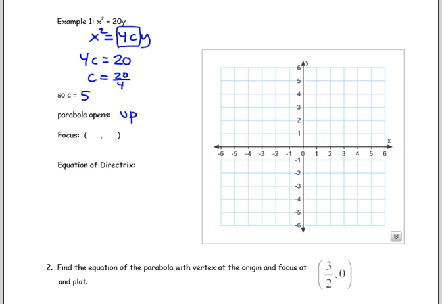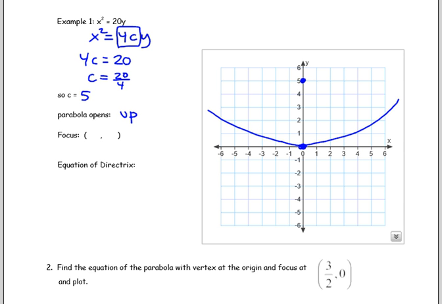What will be the coordinate of your focus? Imagine we start at 0 and we're opening up. Our focus will be at a distance of 5. So it's going to look like this. It's going to open up. Now, if you want to check, you can find some points to see how wide it opens.